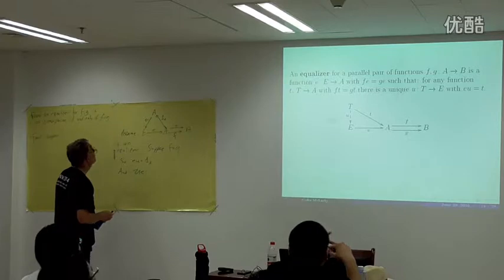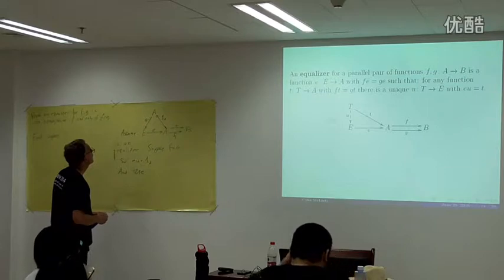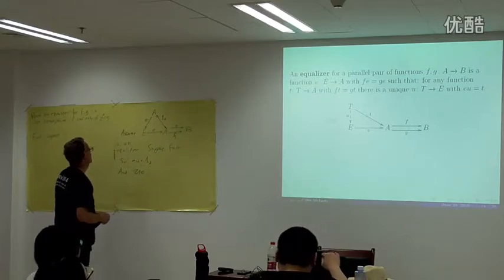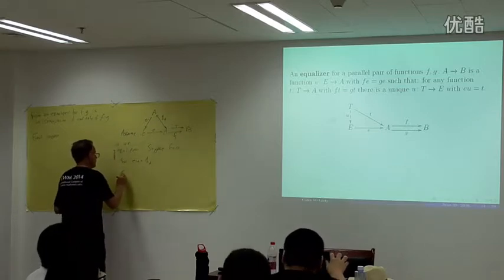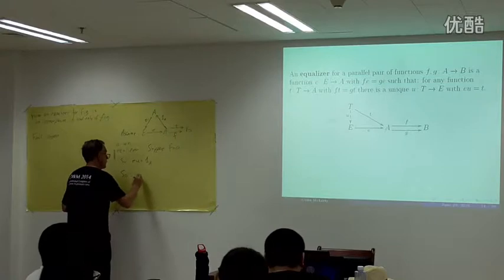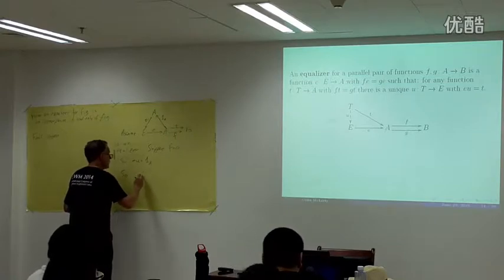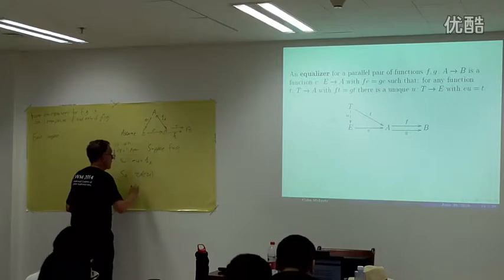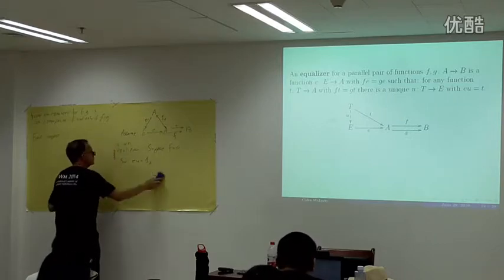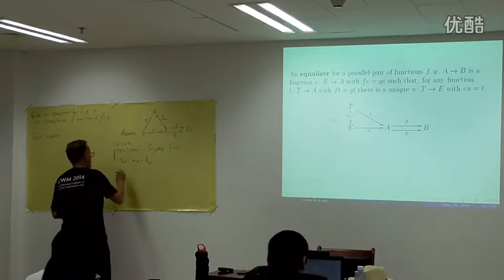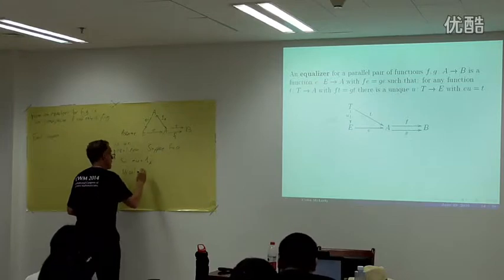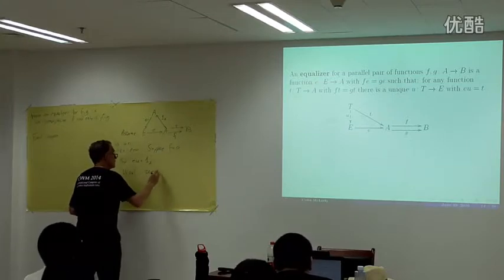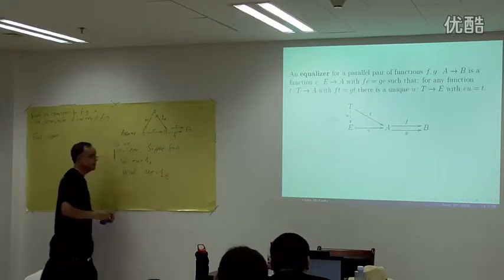E followed by U is, oh, yeah. So, U followed by E followed by U. Yeah, so now I want to show that E followed by U is the identity on E. Right.